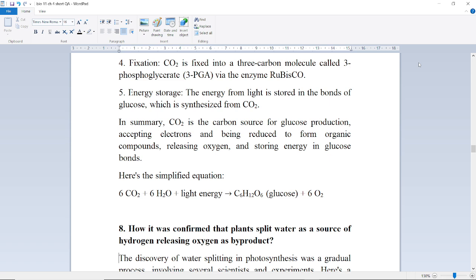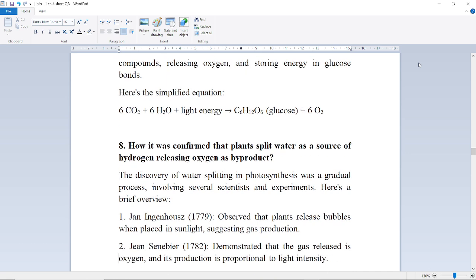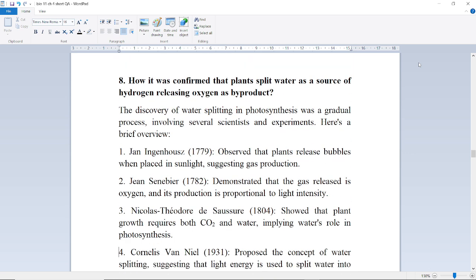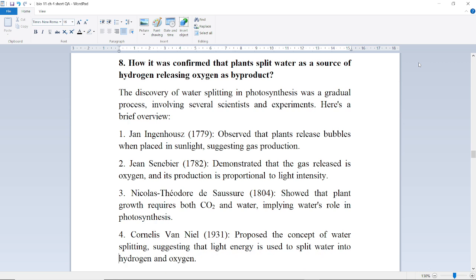Next question is, how was it confirmed that plants split water as a source of hydrogen, releasing oxygen as a byproduct? The discovery of water splitting in photosynthesis was a gradual process involving several scientists and experiments.